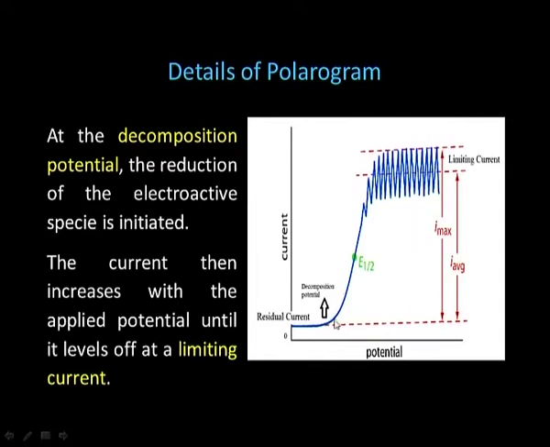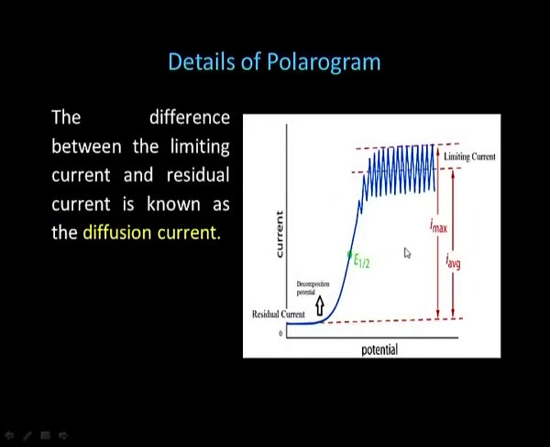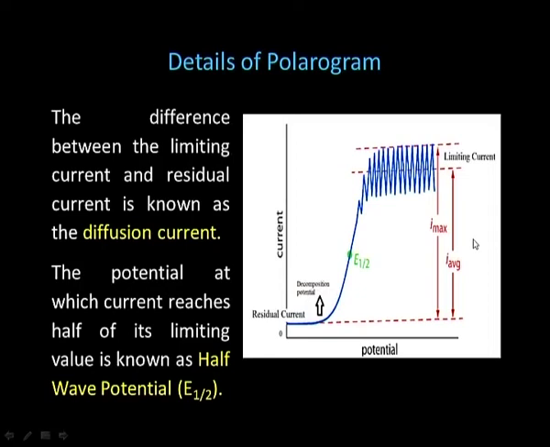The current after the decomposition potential starts increasing with the applied potential, and it levels off when the maximum number of ions are reduced at the surface of the drop. The difference between the limiting current and residual current is known as the diffusion current. The potential at which the current reaches half of its limiting value is known as the half wave potential, as I told you, and it is represented by E half.